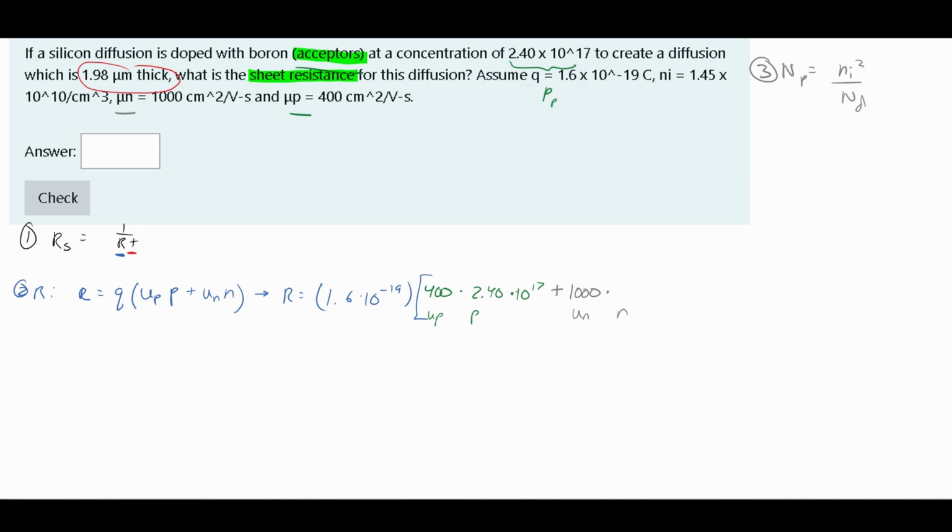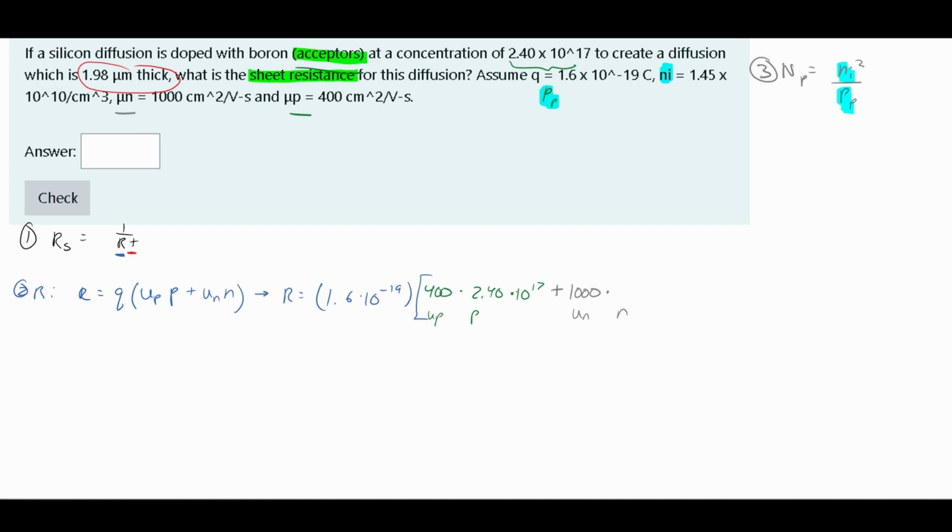Our N subscript I squared is equal to this right here, so we plug that in on top, and our ND on the bottom. Actually, this shouldn't be an ND, sorry about that. For this type of problem, for acceptors, it should be PP, and that is, of course, this right here.